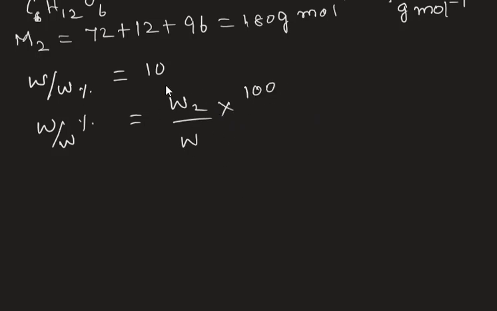Simply we will follow the mathematical equation so that it will be very useful for you. Our objective is to find out W2 so that we can comfortably substitute here.